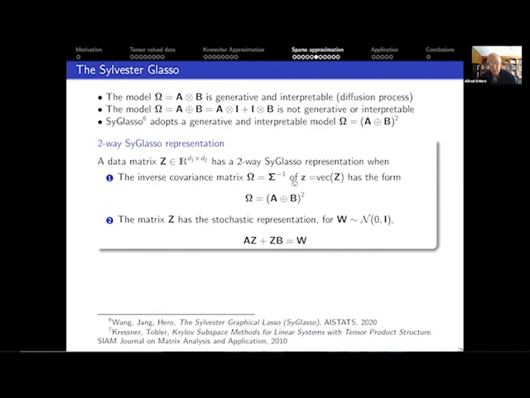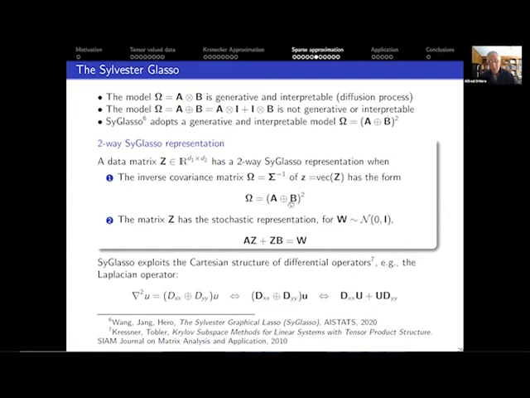The inverse covariance omega of a vector z, where z has a Kronecker sum form, which is equivalent to this Sylvester equation. So Kronecker sums and Sylvester equations are intimately related, as you'll see in a minute. Omega is then the square, the inverse covariance is then proportional to W, assume sigma squared is equal to 1 here, is proportional to the square of this Kronecker sum.